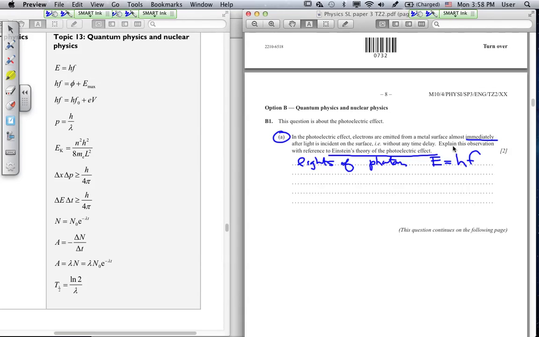And when the light hits the surface, there is an instantaneous transfer of energy from the photon to the electron, which means that electrons can immediately jump out of the metal surface and they will be emitted immediately.